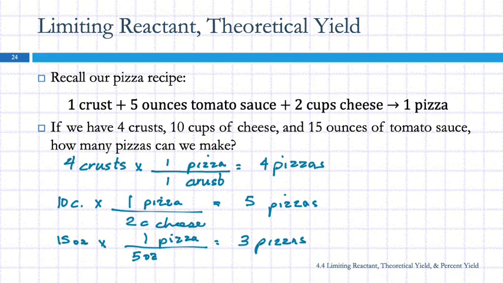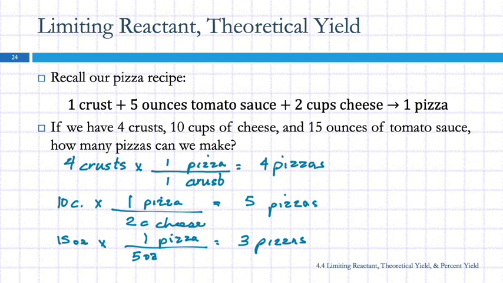It's fairly easy for us to think about this because we've all at least seen someone make a pizza, right? We can imagine this process, and so it's more concrete and less abstract. So the answer then of how many pizzas we can make, we're choosing the smallest one because we recognize that when we get to 3 pizzas, we've run out of the sauce.